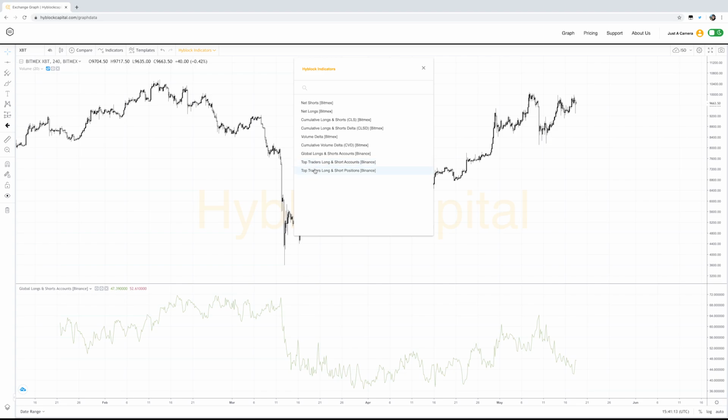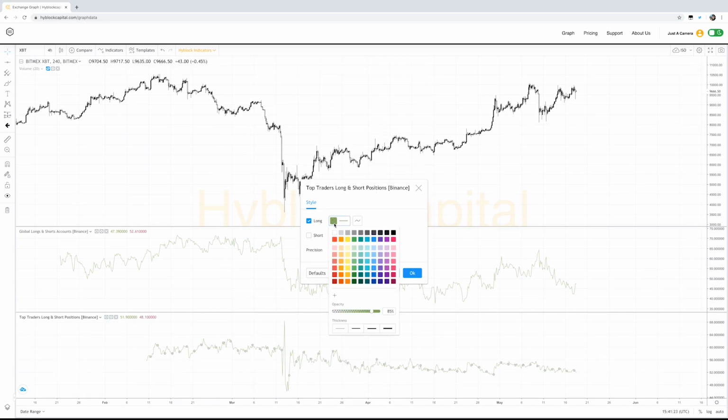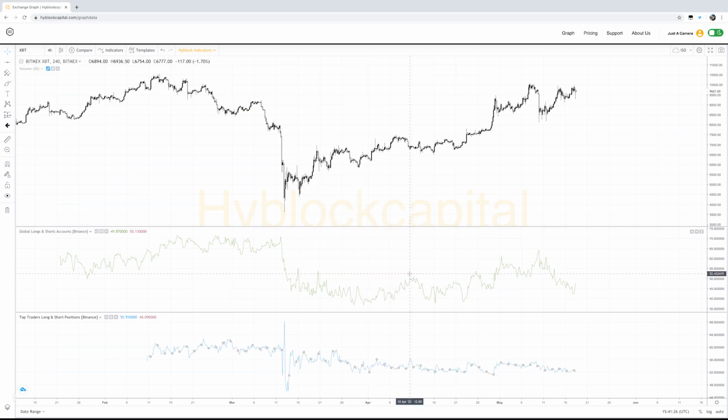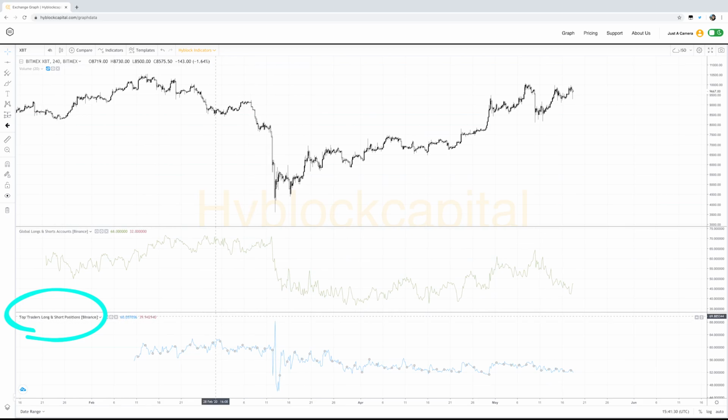That's not as cool. This one to me is very unique. And we're just going to make this a different color so you guys can see it. This is something that both Zoran and I use to help us gauge what's going on. So top trader long and short positions, what do we mean by this?